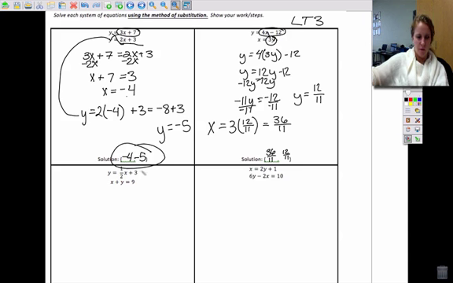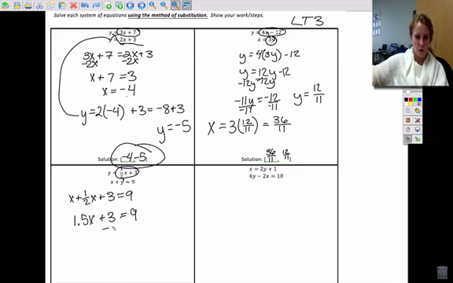We do have the y isolated, or we could easily get the x isolated as well if you want to do that. So let's take, though, and just plug in this y in for this y. Okay, so we're going to have x plus 1/2 x plus 3 equals 9. So that's 1.5 x's plus 3 equals 9.